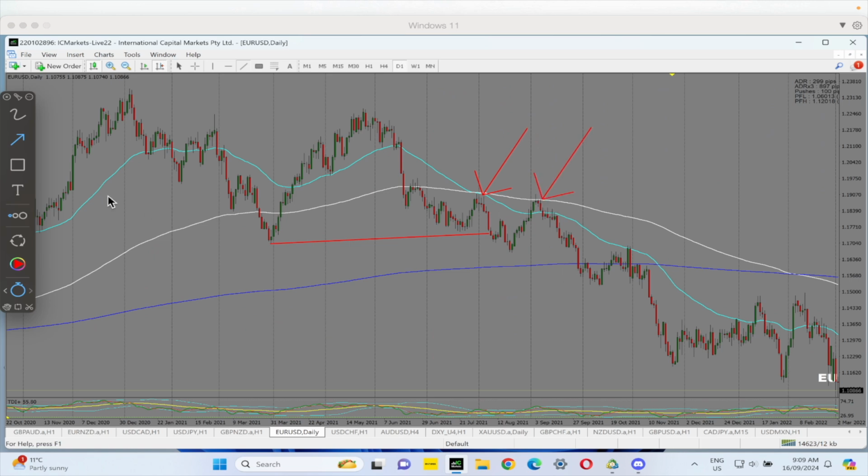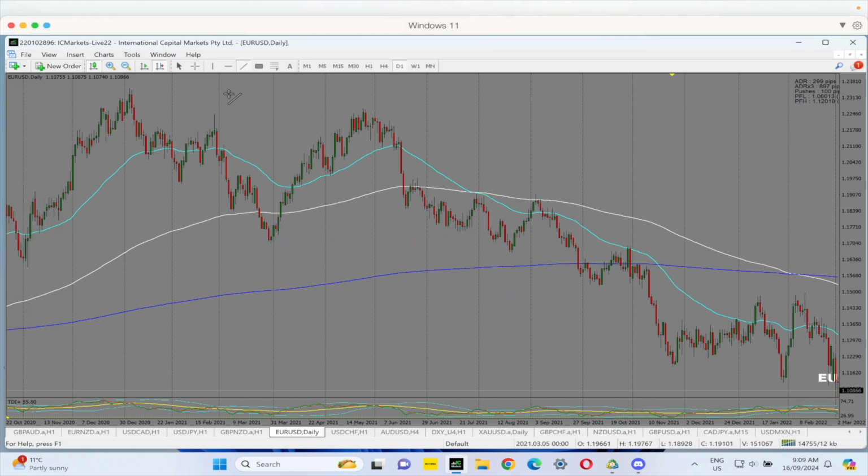Now let's count how many candles we have in that spot. All right, I'll try and zoom so we can see them together.